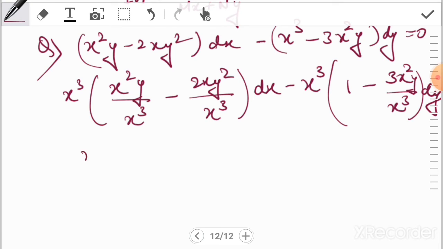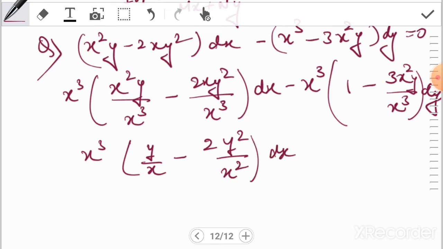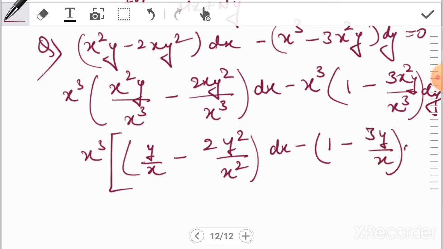So this is x cube times (y by x minus 2y square by x square) dx minus x cube. We can take the whole x cube common, minus (1 minus 3y by x) dy.